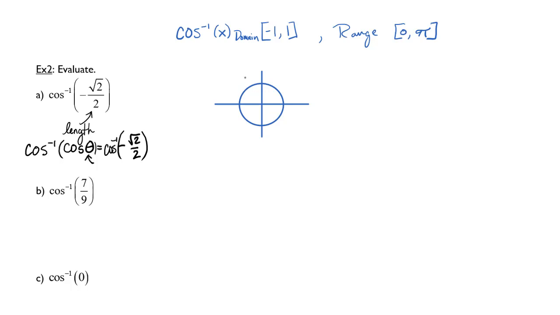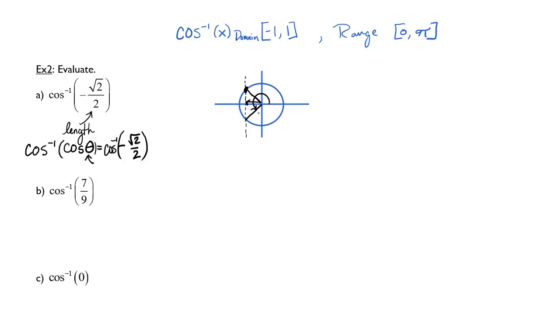So let's go ahead and draw approximately where that -√2/2 might exist. Let's say it's about there. If this is -√2/2 in the x direction, we could have angles either in the second or third quadrants.